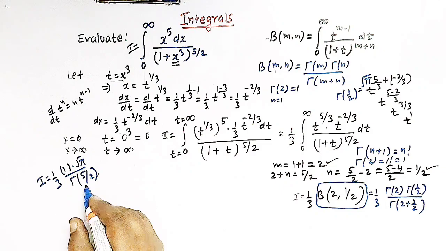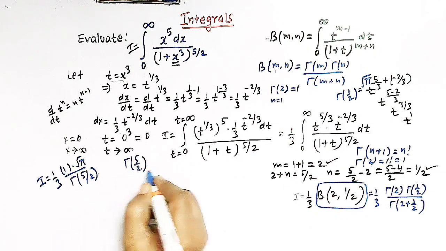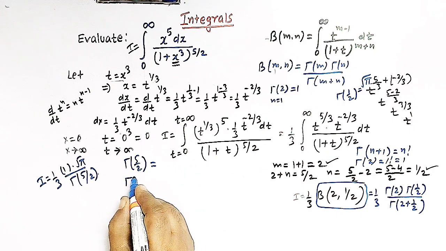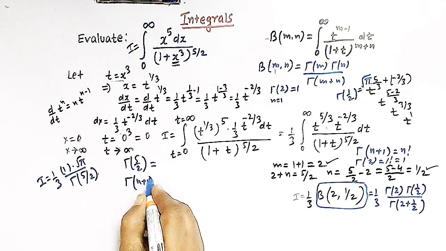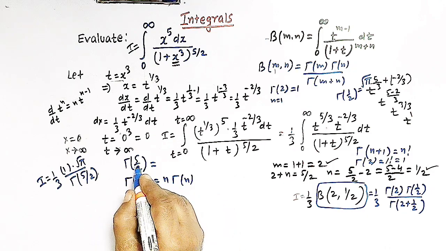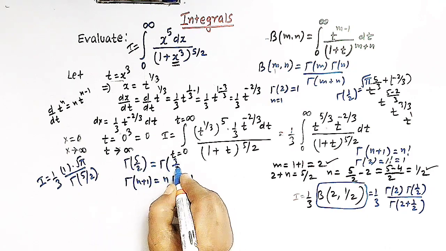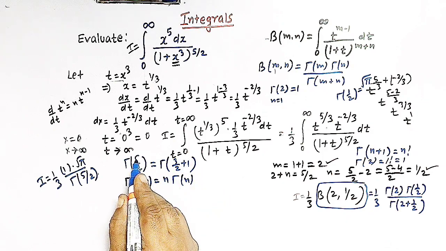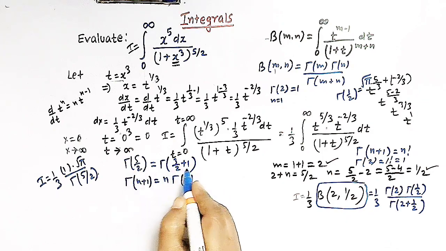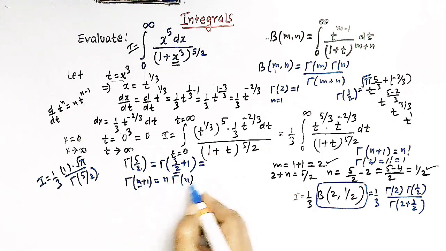So now let us write the value of gamma of 5 over 2 with the help of this relation, that is gamma n plus 1 is n times gamma n. So here gamma 5 over 2 can be written as 3 by 2 plus 1. We can split 5 over 2 as 3 by 2 plus 1. So now our n is 3 by 2.